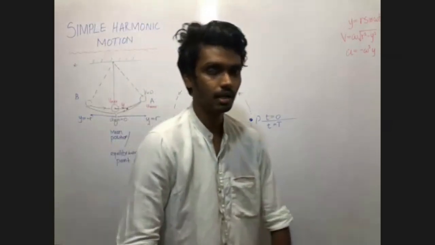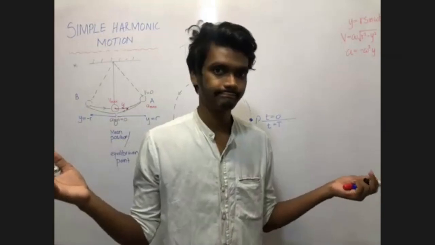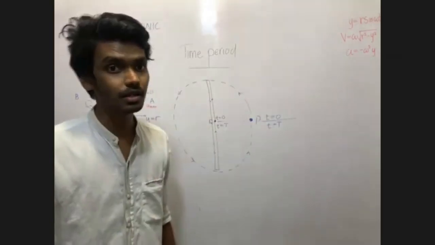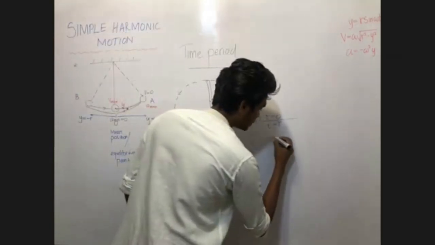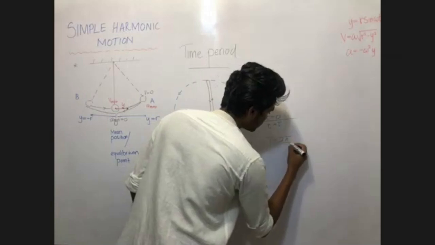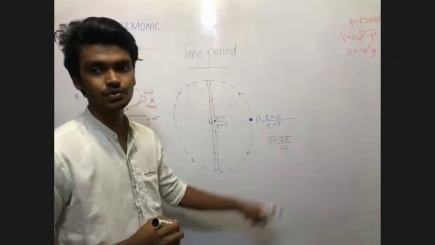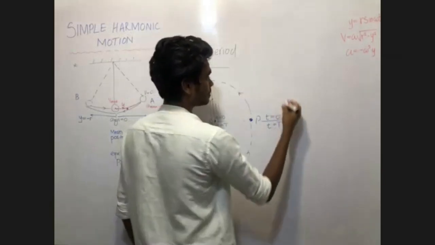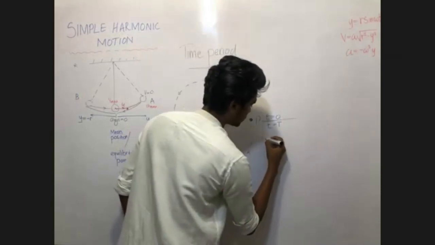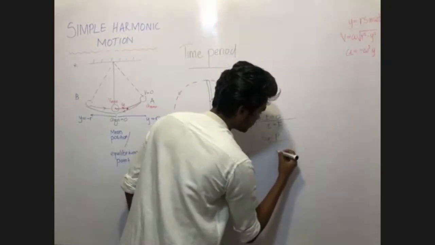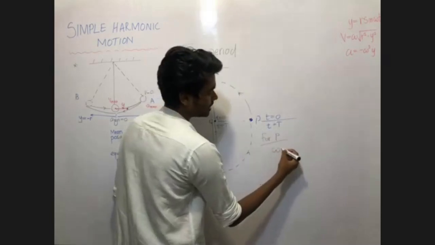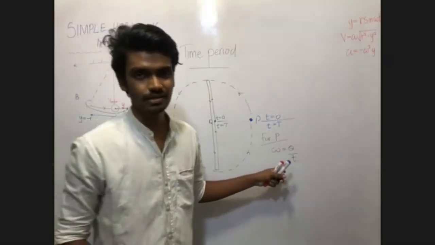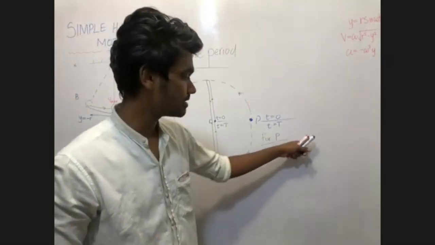What is the time period for a circular motion? That you know. T is equal to 2π divided by omega. How did I get this? For P, I'm going to apply the angular velocity equation, omega is equal to theta divided by t.